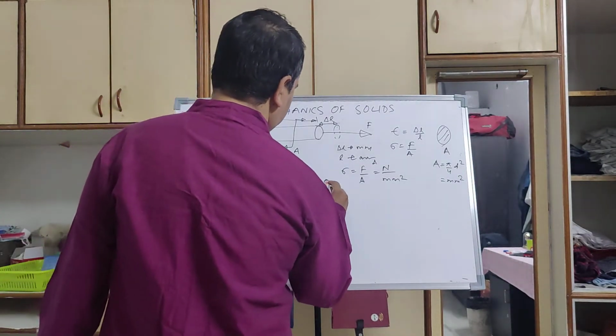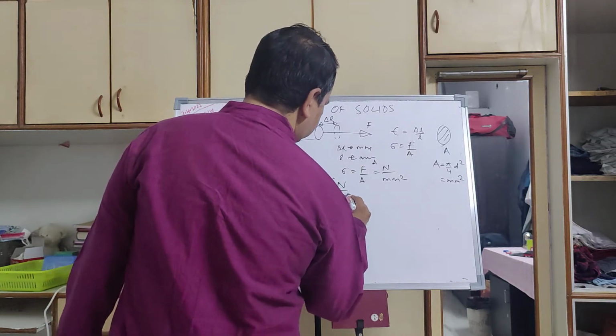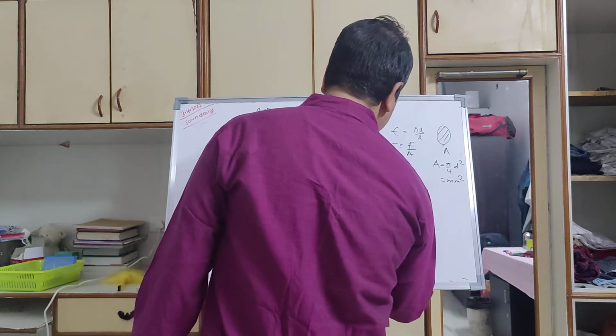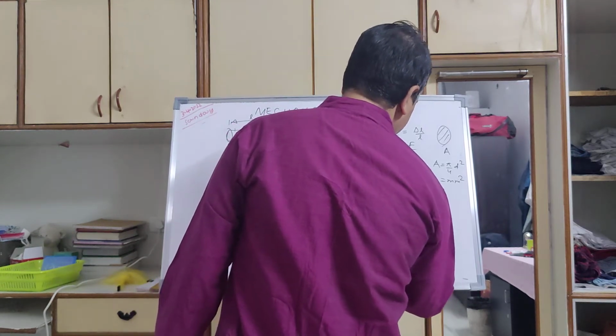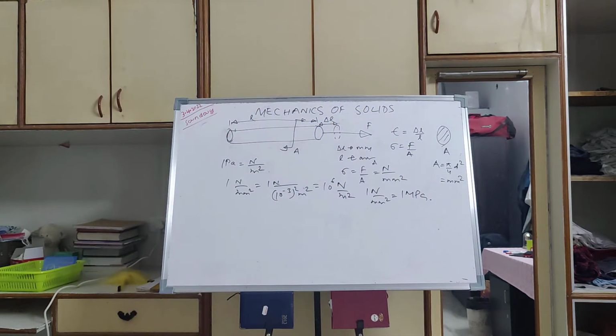So it becomes 10 to the 6 Newton per meter square. So 1 Newton per mm square is nothing but 1 MPa, clear? That has to be remembered always. So we have talked about the longitudinal strain.